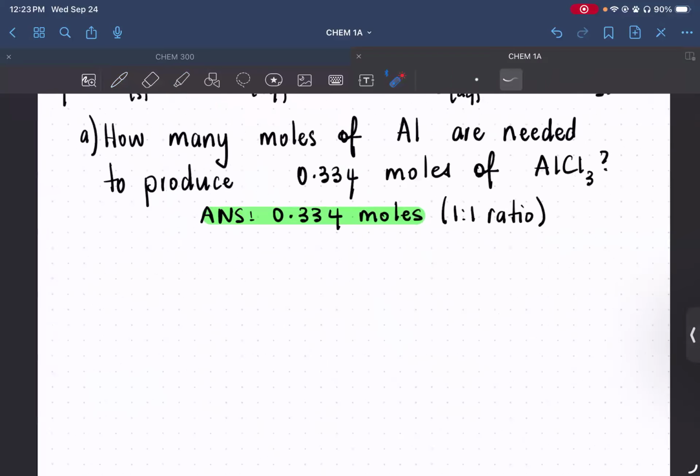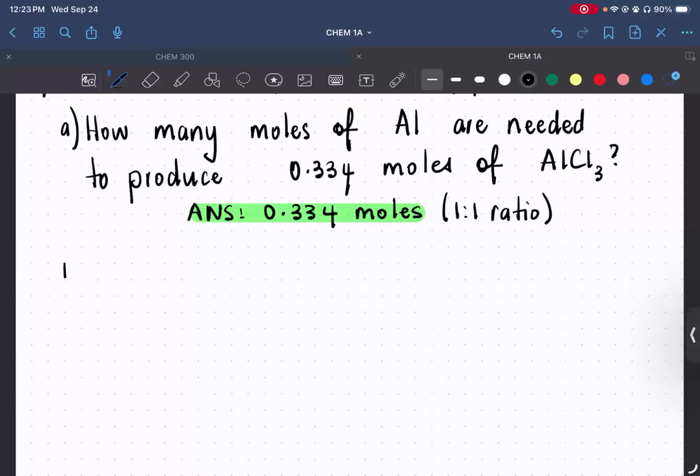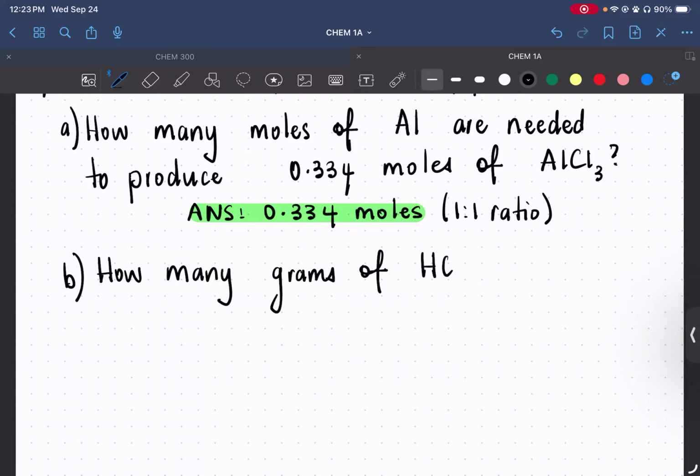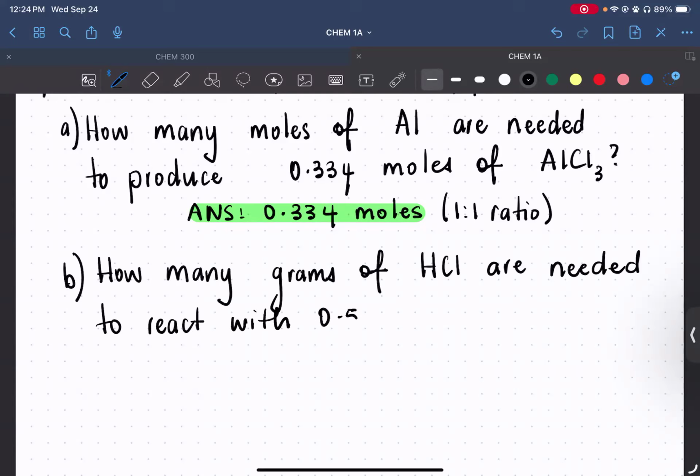You just need to recognize what you're working with. But let's do a follow-up question. How many grams of HCl are needed to react with 0.545 moles of aluminum?